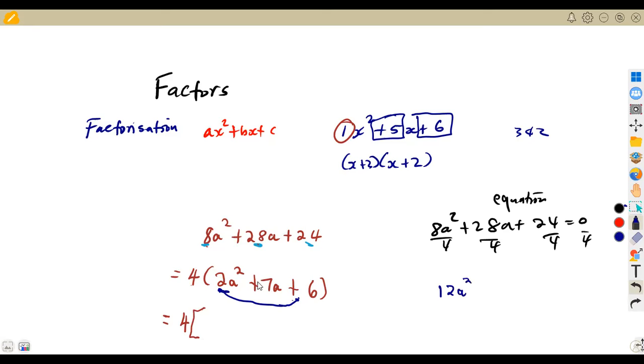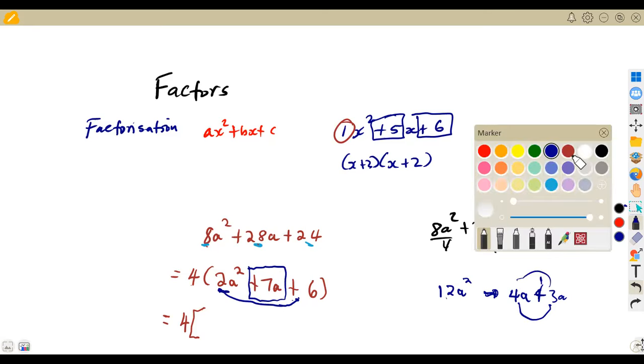Then we need two terms that when we add, they give us the middle term, 7, and when we multiply, give 12. So the terms are 3 and 4: we have 4a and 3a. If we multiply, we get 12, and if we add, we get 7.